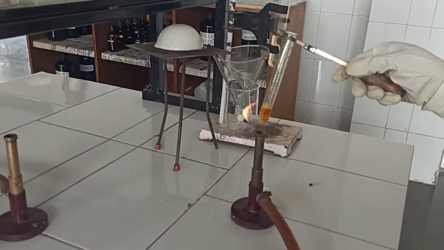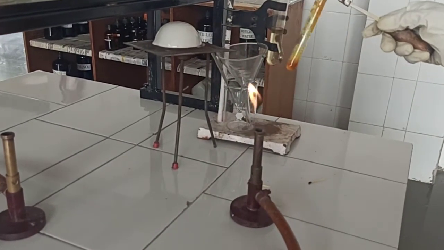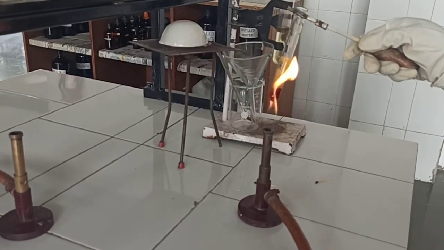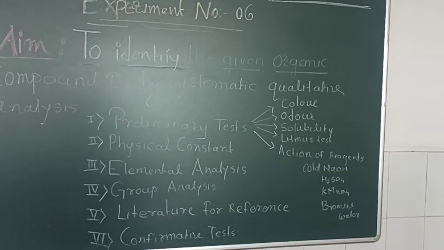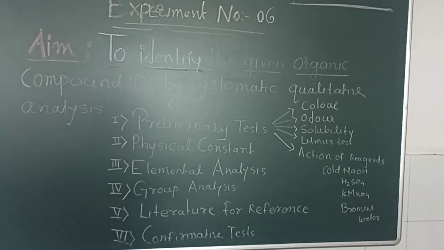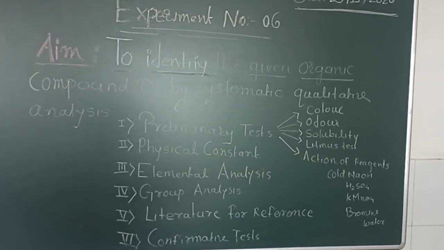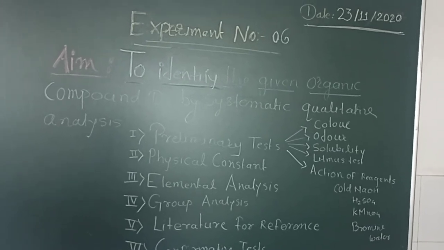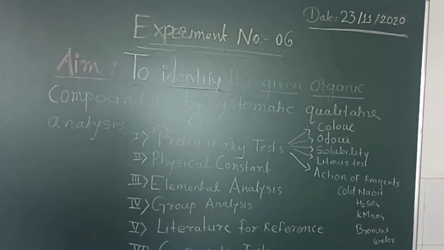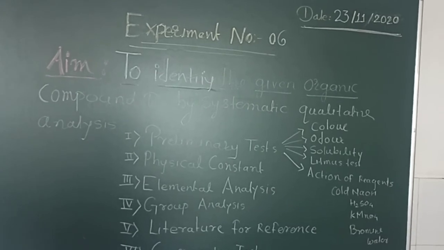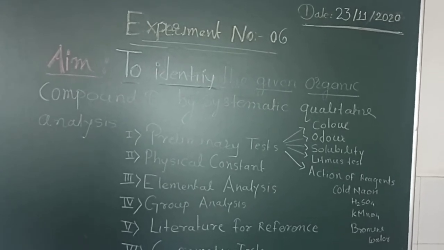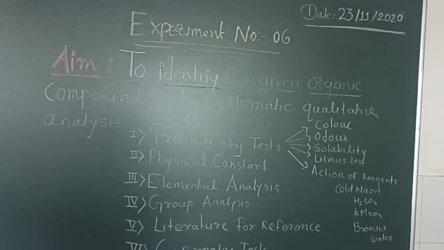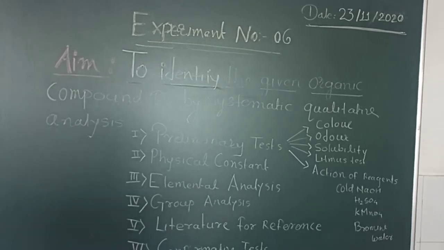In the iodoform test we got a yellow precipitate, so the ketone functional group is confirmed. So the given organic compound has a melting point of 145 degrees Celsius, contains carbon, hydrogen and oxygen, and contains aldehyde and ketone functional groups. Therefore, with reference to the literature, the organic compound may be glucose.